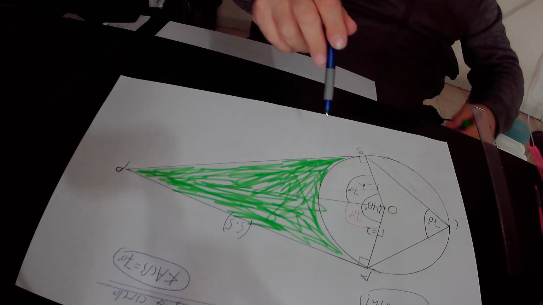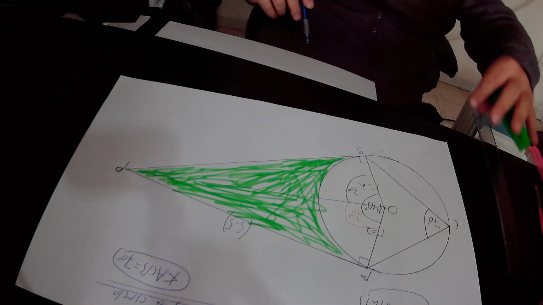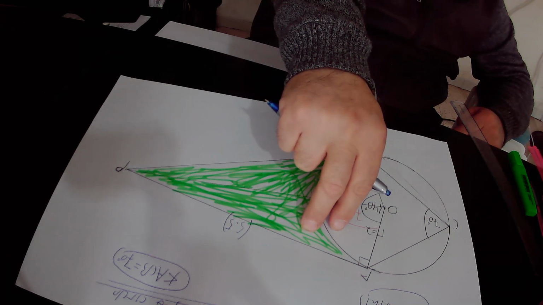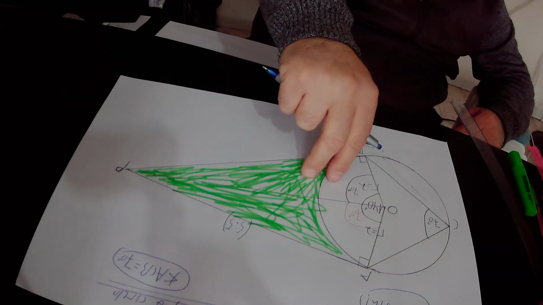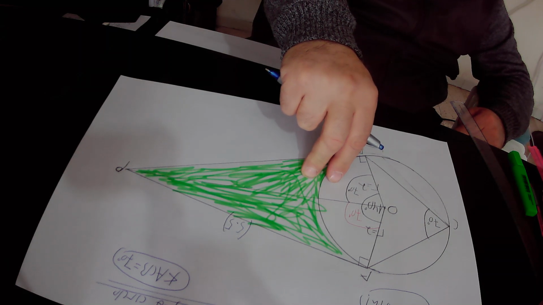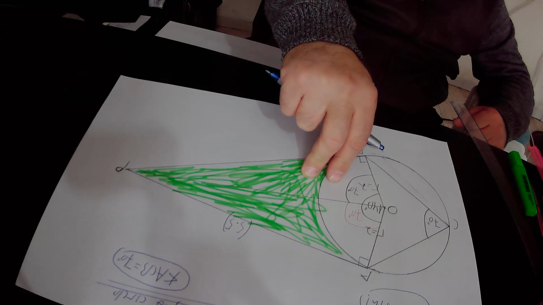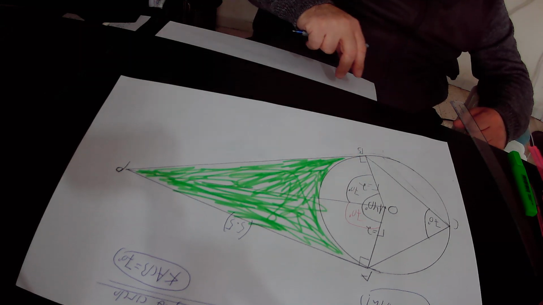And because we have already proved that this right triangle AOP is congruent to this right triangle BOP, they are congruent to each other, therefore they also have the same areas. Okay?